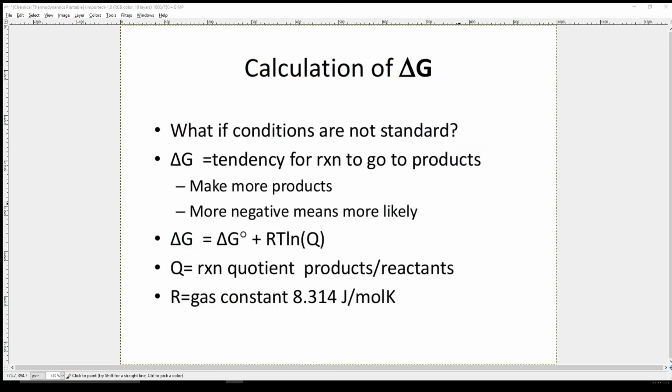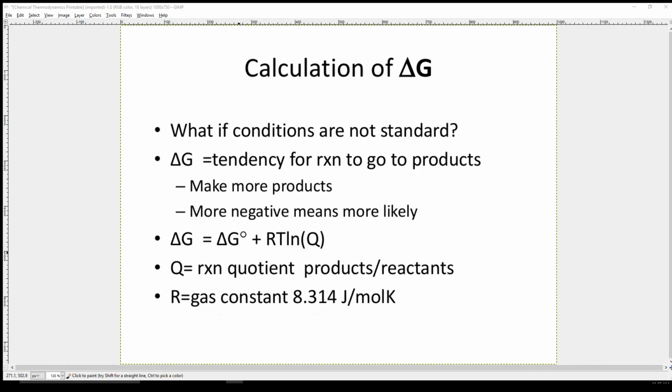So what if the conditions aren't standard? What do you do? Because for all of these we've been assuming it's standard. Delta G has a tendency to go towards the products, and the more negative something is, the more likely it will be for it to go towards the products. It's more thermodynamically favorable to go towards the products.